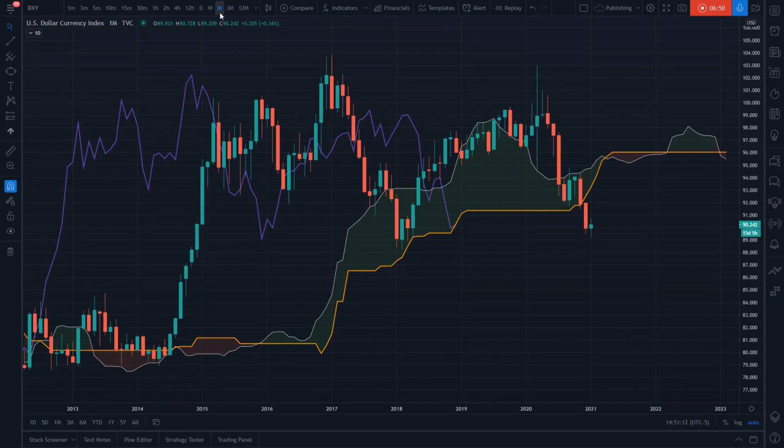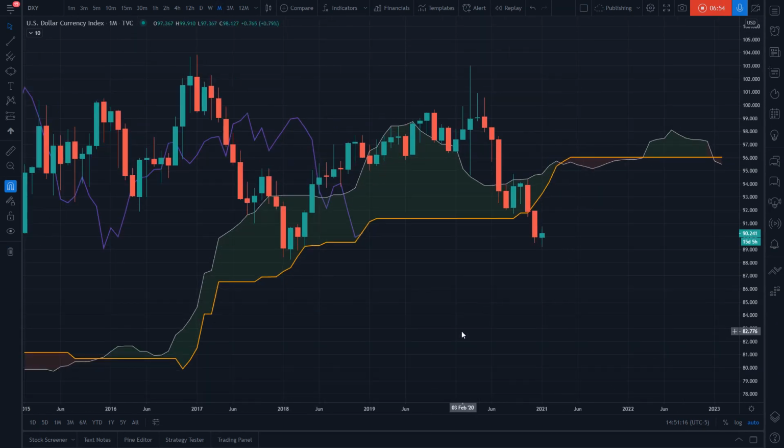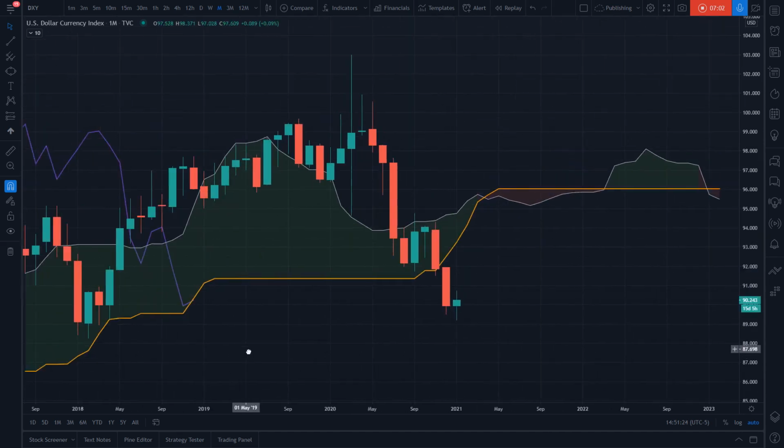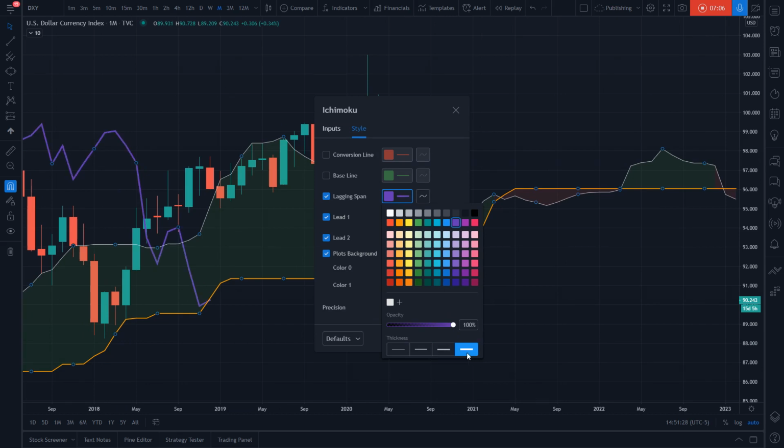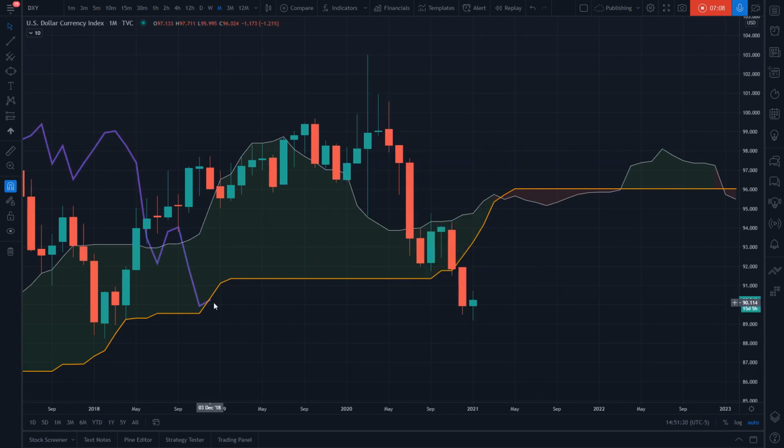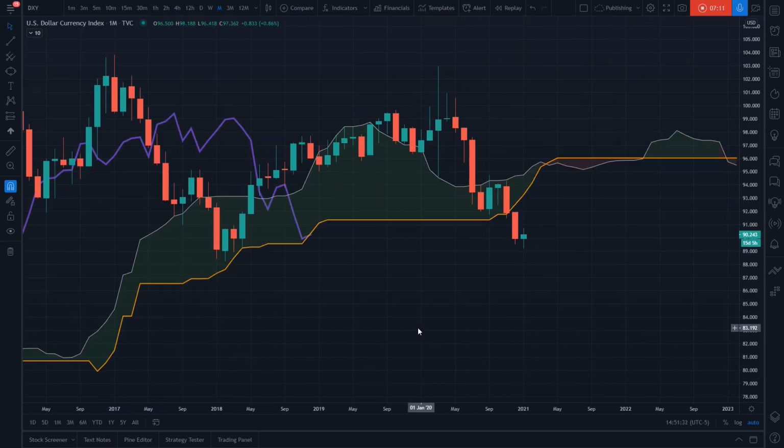If we go to the monthly on the dollar, we can see what it's doing. Price has gotten outside of the cloud here. And where is momentum? Can we see? Let's make that a little bigger. It's just starting to come out.